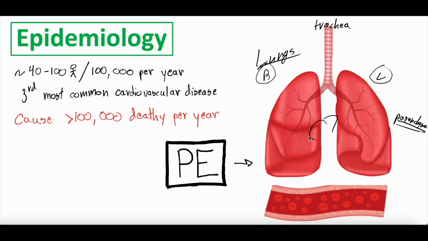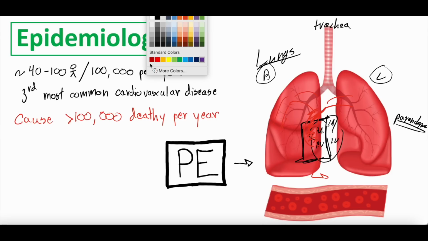Sitting in the middle of the lungs, you have the heart: right atrium, right ventricle, left atrium, left ventricle. And the right side of the heart has blood vessels that come out of the right ventricle and bring blood to the lungs. Within that, there are multiple blood vessels that go to the lungs, and they break off into smaller and smaller blood vessels.